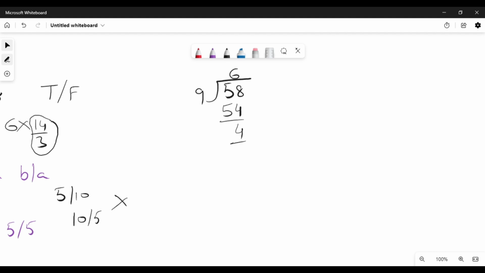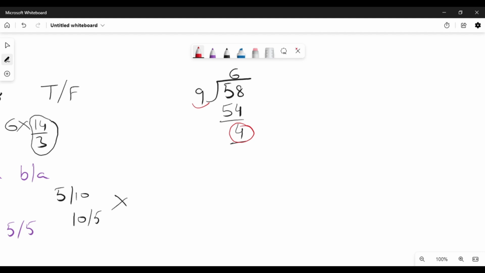Now I have chosen this 54 by thinking that it is the greatest multiple of 9 which is just less than 58, such that this 4 is always less than the divisor. The remainder is always less than the divisor.